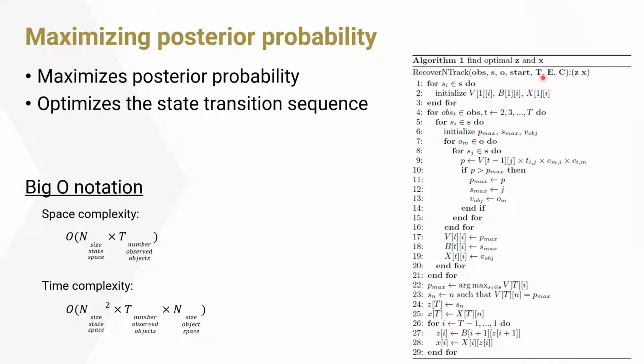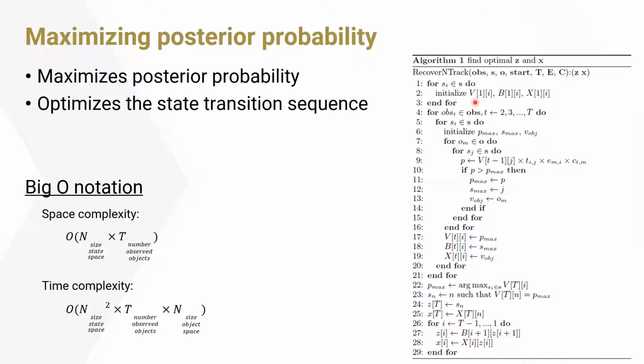We have the matrix for the state transition probability, which is denoted by T. We have E, the probability for emission for that state, and the confusion matrix C. So all of these are input into an array format so that each state and each object pair have a respective data set. And once the algorithm is done, it will return Z and X.